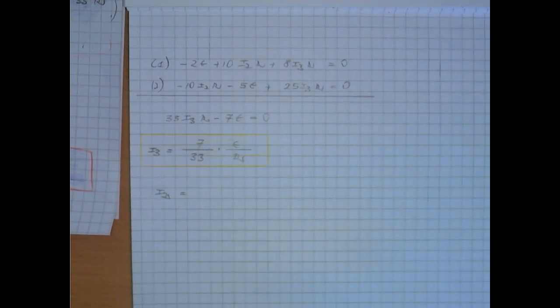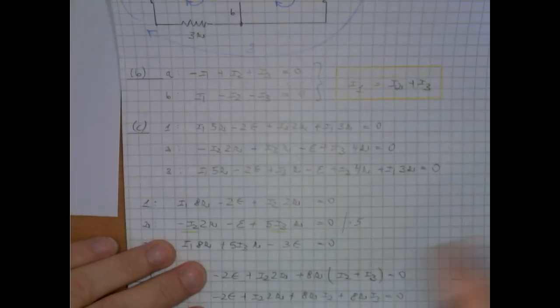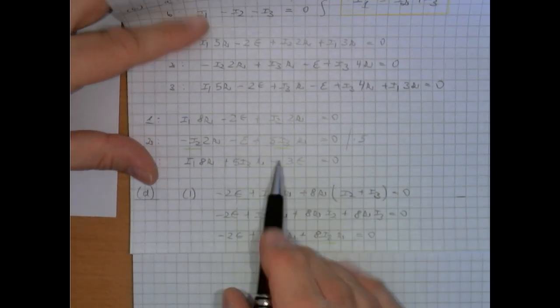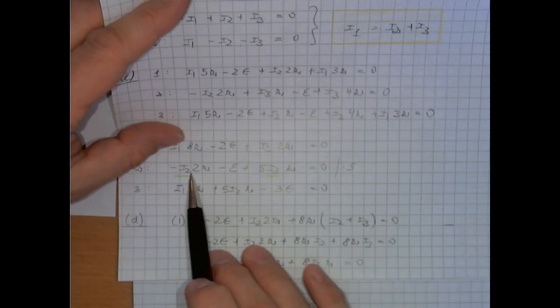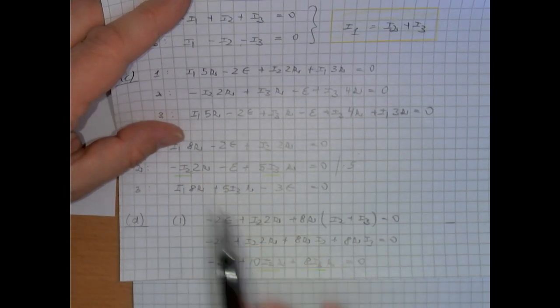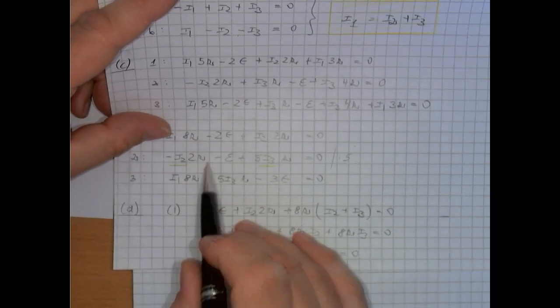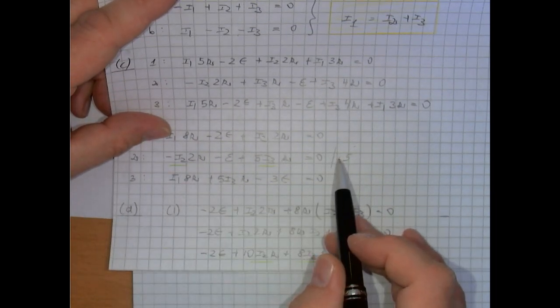And for I2, you can now take the second equation, which we just solved. We have now I3. So here is I2, and I solve this now for I2. So I take this term to the other side and divide by 2r.